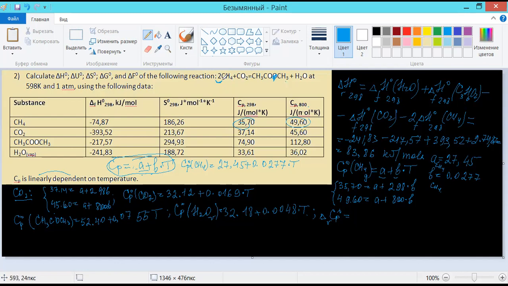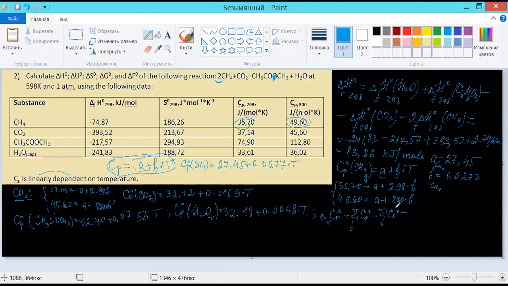So again, we can write like this: Cp of products minus reagents, finals minus initials.